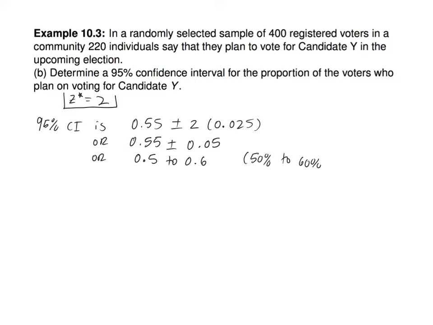Yep, either one of those is fine, okay? I don't care if you say 0.5 to 0.6. I don't care if you say 50% to 60%, they're both the same thing.